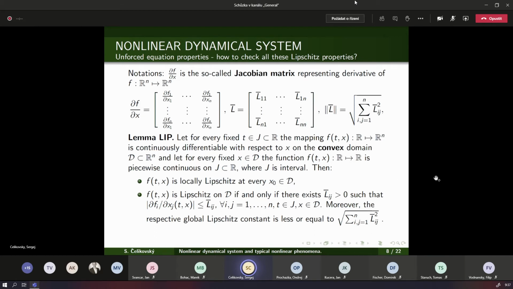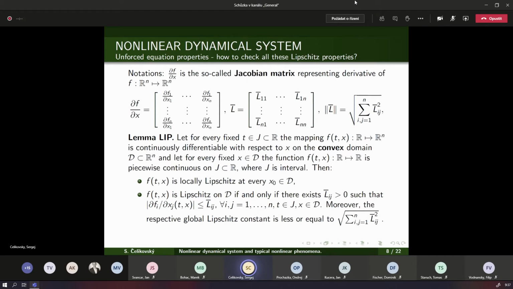So let me say it more simply. The first claim is very simple. It says that every continuously differentiable function or right-hand side is at least locally Lipschitz. So this is the main message you can remember: Lipschitz is something stronger than continuity, but weaker than differentiability.